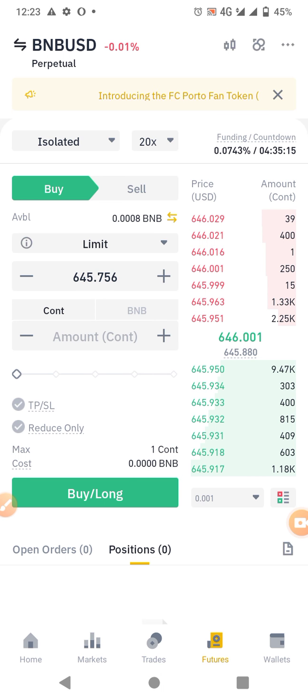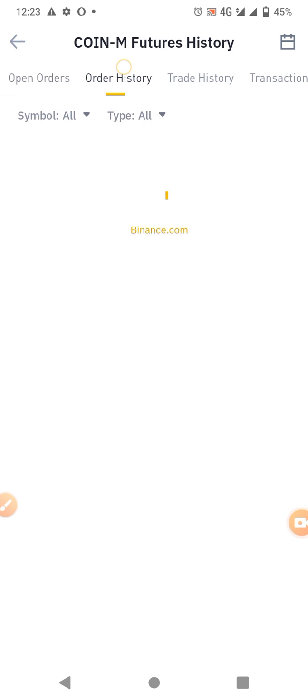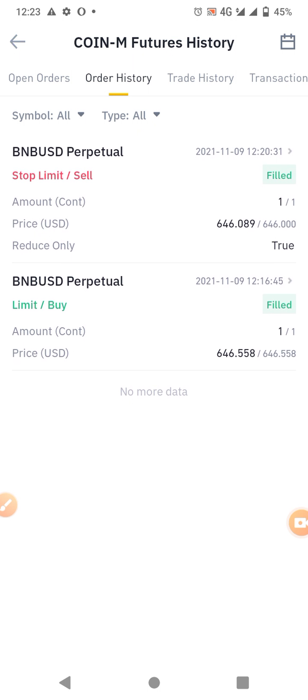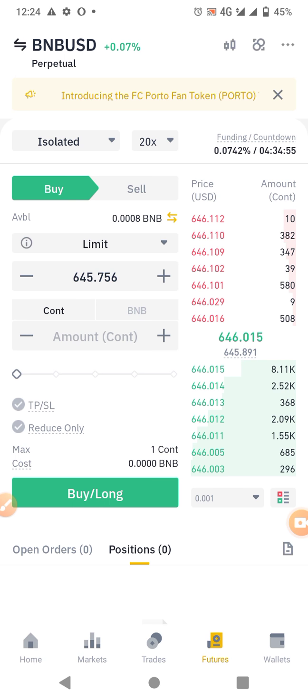Let me show you something. You can see now it has already filled up, because my stop limit has already triggered. That means I set the stop limit at $646 the other time, and BNB has now come down from 645 points ahead.